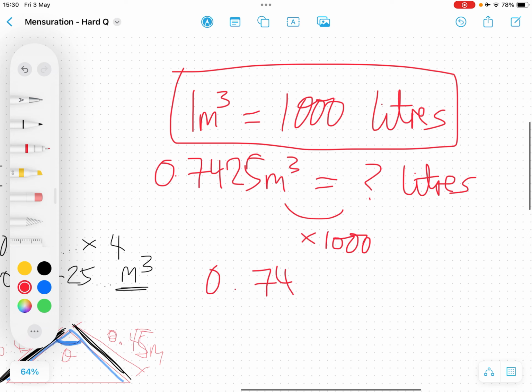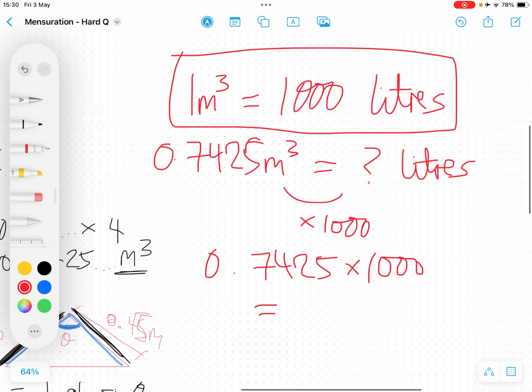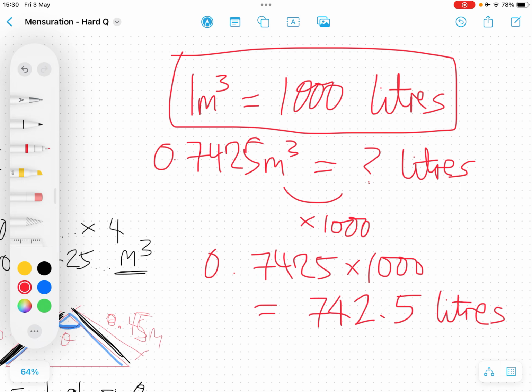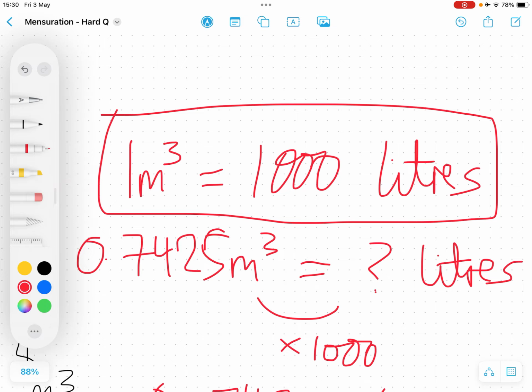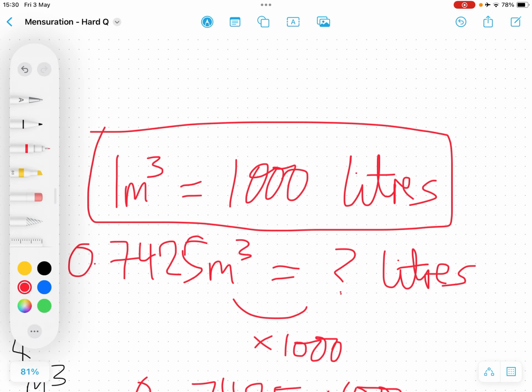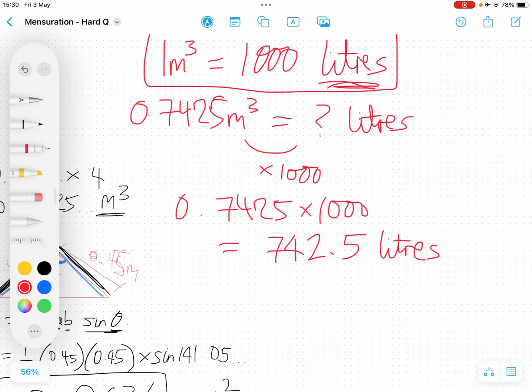So 0.7425 multiplied by 1,000 is equal to 742.5 liters. Now we have it in terms of liters. So whenever you have some cubic meters, you always multiply by 1,000 to obtain the number of liters.